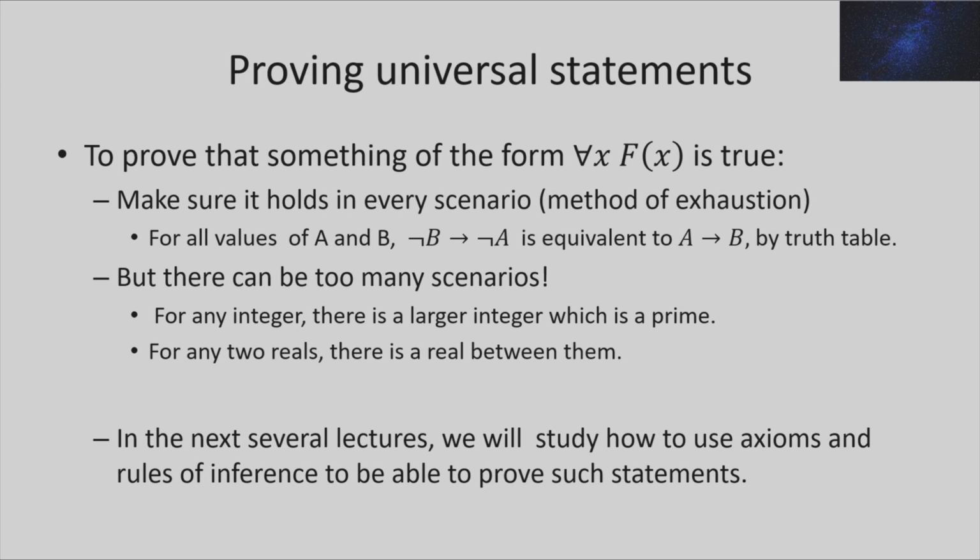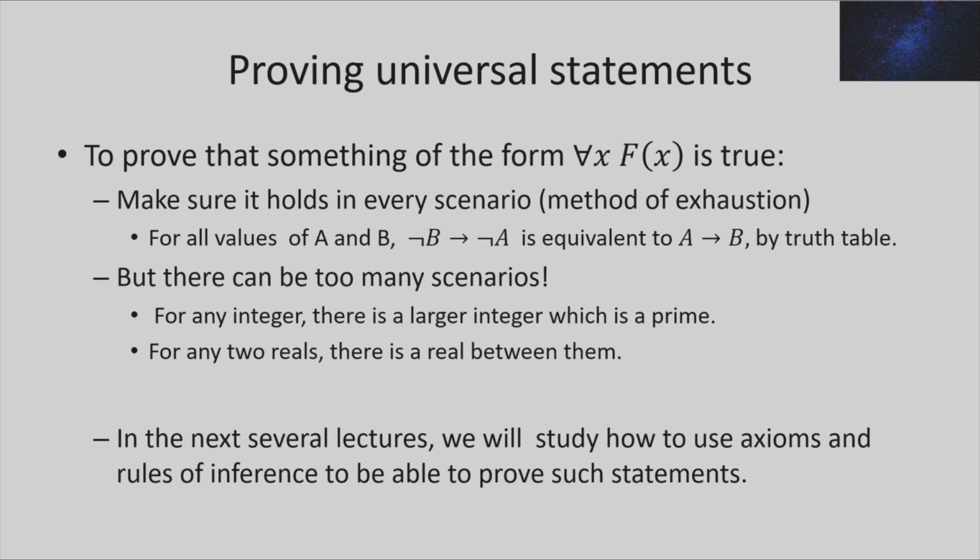For that, we will develop some more reasoning techniques, some more rules of logic, rules of inference, and then we will show how we could use that knowledge of logic in order to prove statements like that. So what we will want to do is kind of start with axioms and eventually get to showing the statement like that is true.